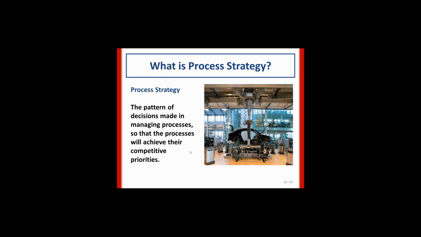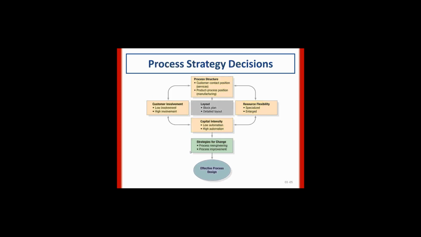Of course, competitive priority is the goal that the organization would like to achieve and must match with corporate strategy. In this chapter, there are 4 basic considerations that have to be considered.